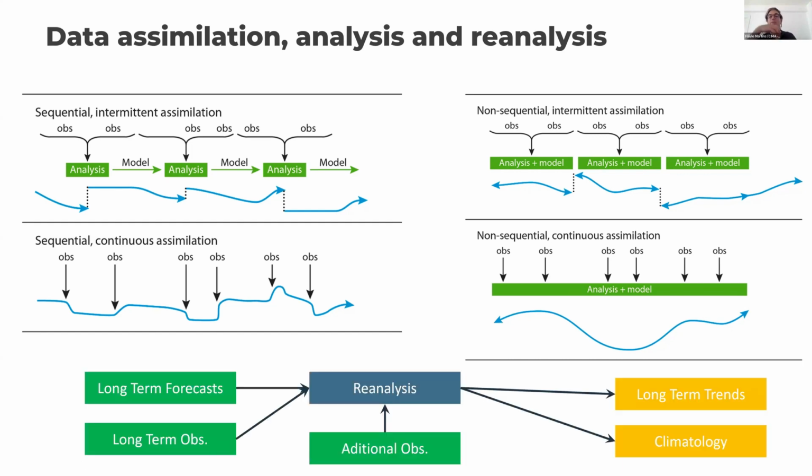Okay, when we talk about reanalysis, it's similar to this, but the reanalysis is done afterwards. Some of the observations don't arrive on time to be included in the model. They arrive later, so they cannot be included in the operational model.